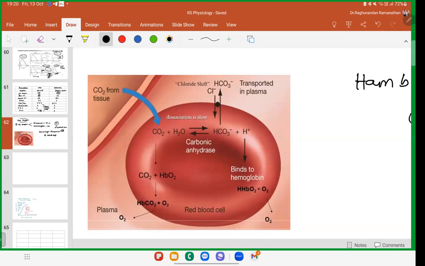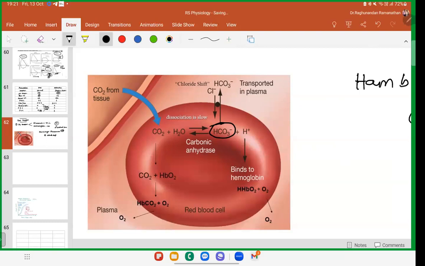Your red blood cells absorb the carbon dioxide from your tissue. This carbon dioxide gets added with water and forms HCO3 minus.